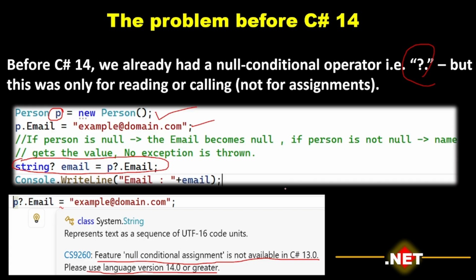Let's say mine is possibly 9, so it is not supporting C# 14. So if it is C# 13, this possibility is not there in that previous version of C#. Let's go and try to understand all these things in detail, so that at the end of this discussion and demo, you would be 100% clear about how we can leverage and utilize the new feature in C# 14, which is the null conditional assignment.